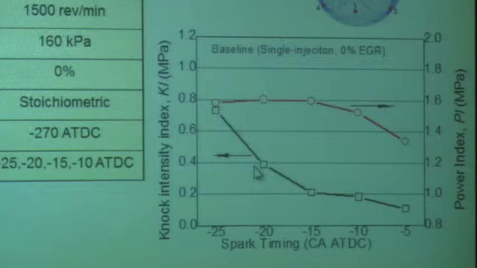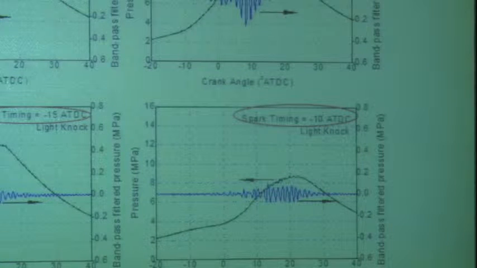And this leads to increases in NOC. Over a wide range of spark timing, you see that the power remains very similar. It's only for the very late case here that there's a drop-off in power. So the cases all have similar indicated mean effective pressure, if you like, but you can see the NOC is significantly different.